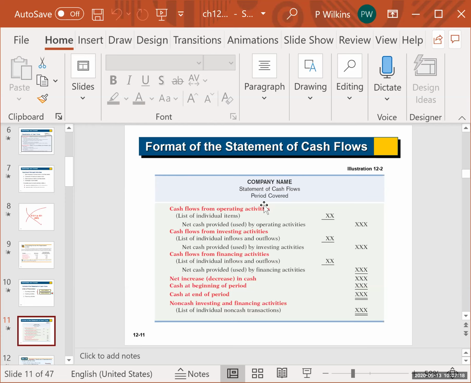It shows everything, but just the top part down to net cash provided by operating activities is the operating activities section. So what you'll be doing is called a partial statement, and you'll only be looking at the operating activity piece. I don't see a partial one as an example, but we will do a partial one today in the class.